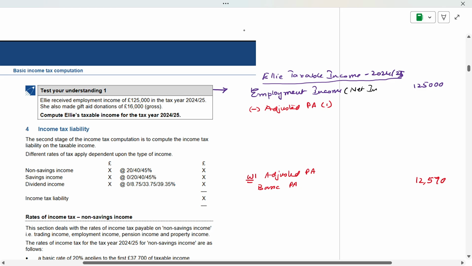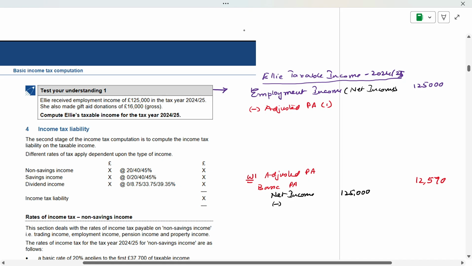This is the net income. The words are very simple, very specific. Net income is going to be 125,000. From that, what do you have to deduct?